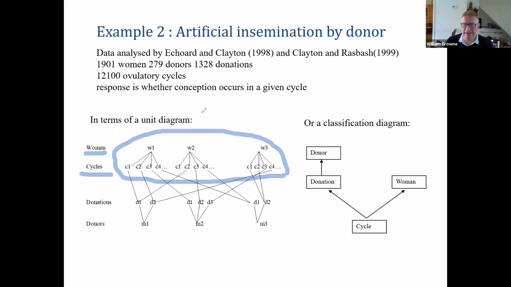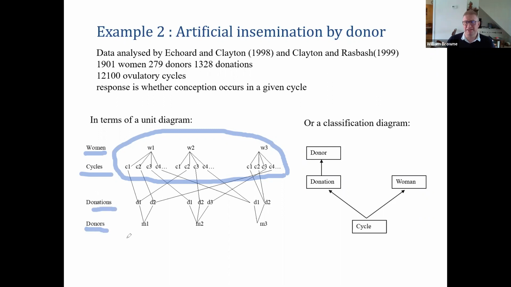So there we are, a nice nested model, but we have more information than that. Because this is a clinic, we know something about the sperm that are used for the cycle. We have sperm donors at the bottom here, and those sperm donors give donations.